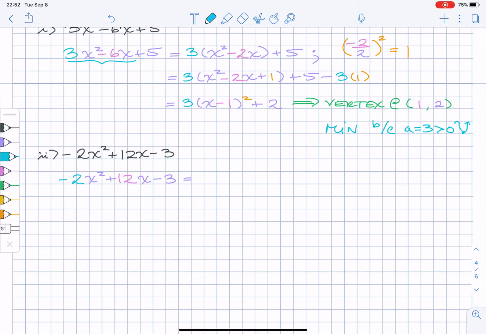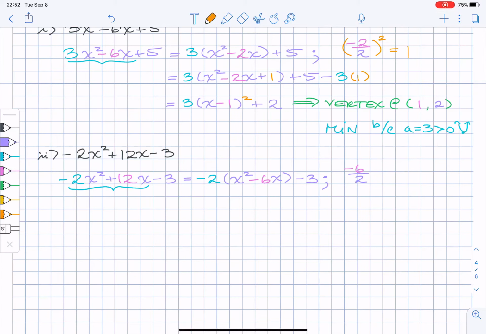The first step is to factor the lead coefficient only from the terms involving x. So when I do that, I divide each term inside by negative 2. This now becomes x squared minus 6x inside the parenthetical, and I still have the minus 3 on the outside. At this point, I can take half of the linear coefficient, so negative 6 divided by 2.